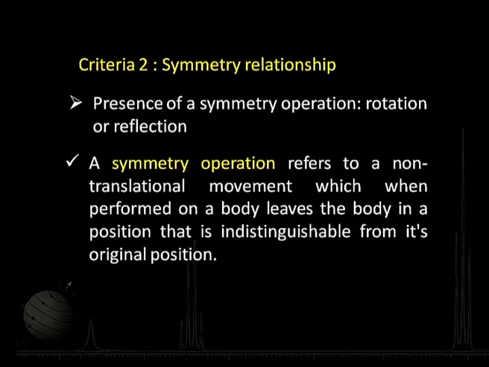Suppose I have some molecule here, say I have a water molecule. Water molecule, we know, has an oxygen atom in the center and there are 2 hydrogen atoms attached to that. Now, if I take a water molecule and I ask you to go out of the room, and in the meantime I rotate the molecule by 180 degrees, you come back and then I ask you to look at the molecule again and tell me whether I did anything to this or not.